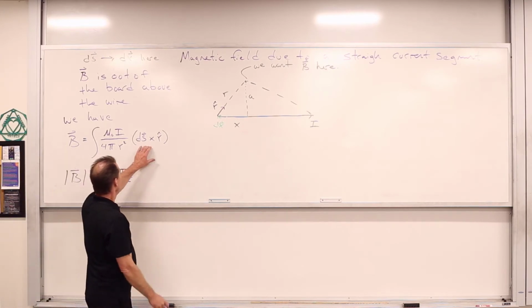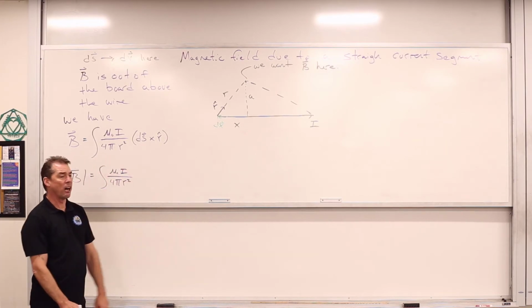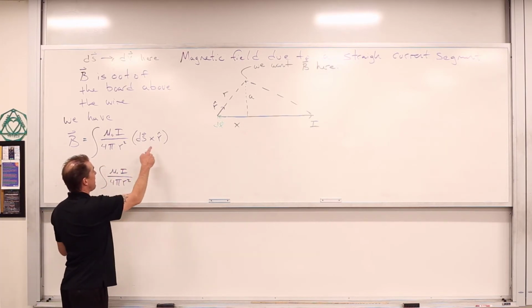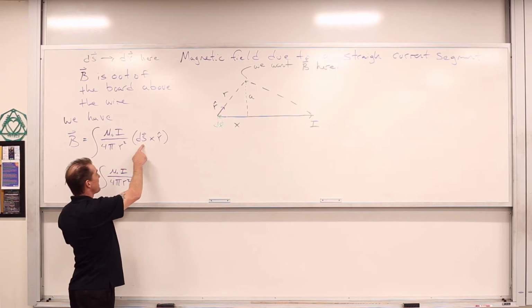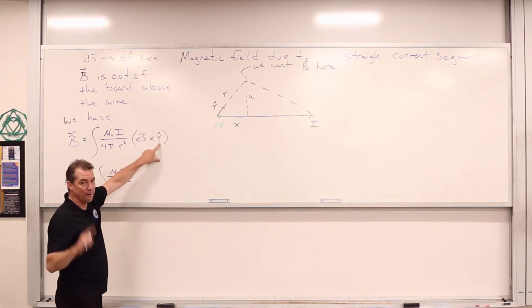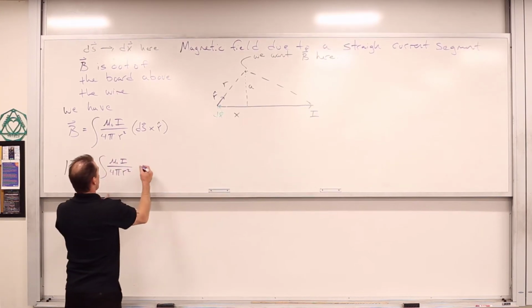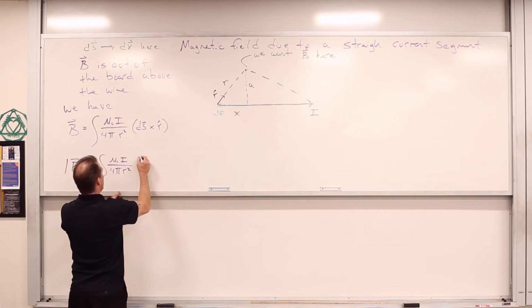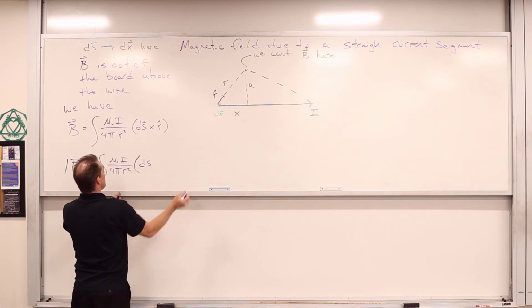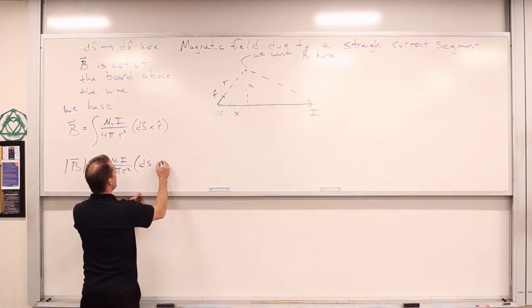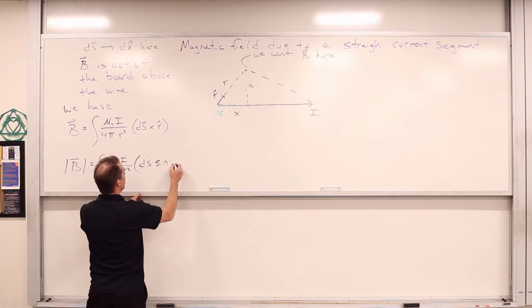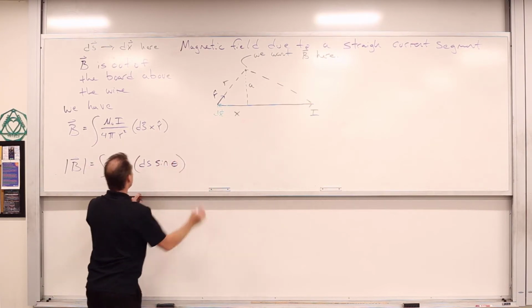That's just going to be ds times the sine of theta, where theta is the angle in between ds hat and r hat. This is a unit vector, just has a magnitude of 1. So we get that this portion right here ends up being ds multiplied by the sine of theta.